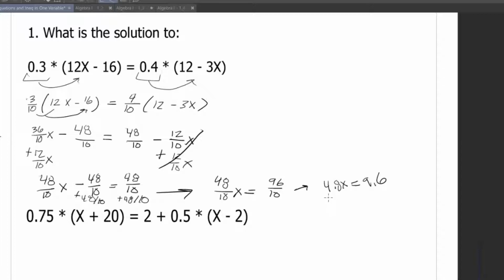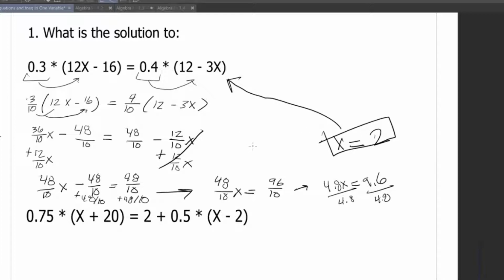We want to solve for x, so we're going to divide by 4.8 here and divide by 4.8 here, and then you're going to come up with x equals, should be 2. 9.6 divided by 4.8 equals 2. So for this question, x equals 2, and x equaling 2 makes this equation true, or rather x equals 2 is the solution to that equation.